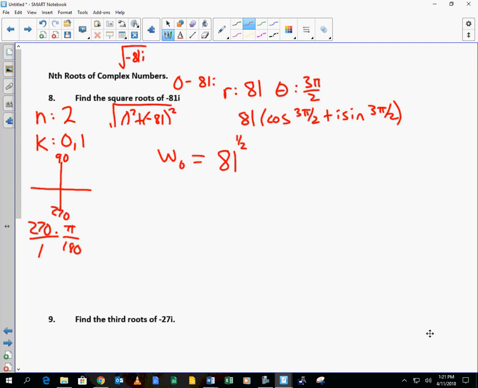Good. So we're just going to take our time and really just focus on plugging in numbers. Then cosine of theta, which is 3 pi over 2 plus 2 pi k. What's k? k is 0, and 2 pi times 0 is 0.